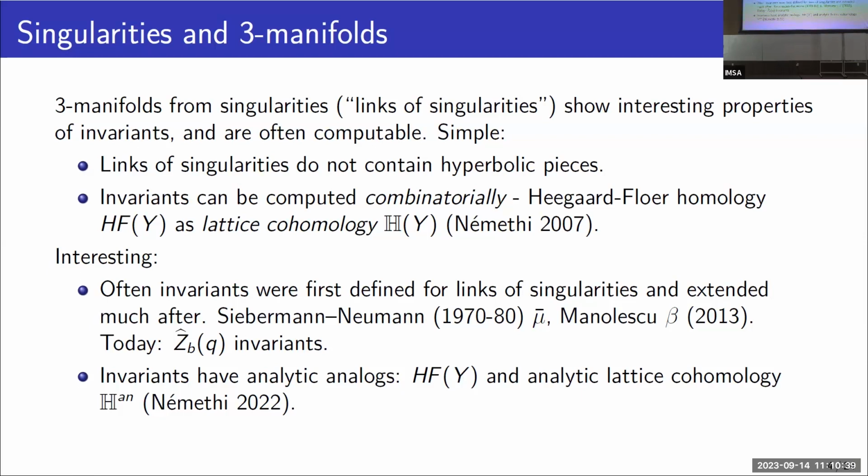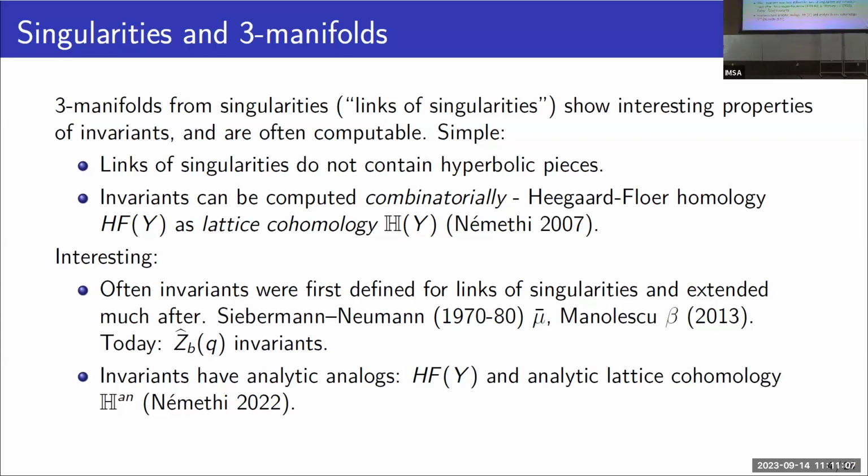And today I will talk about a different kind of invariant, much more recent, which is this Z hat BQ invariant. This invariant was also first defined for links of singularities, so it goes in a similar way. And it is a big problem to extend it to general 3-manifolds.